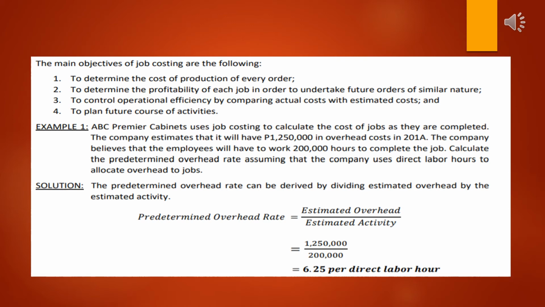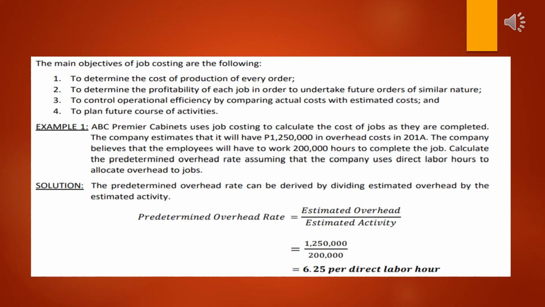So here, before we proceed to the solution, in job costing, it is also possible for us to make a predetermined overhead rate. So our overhead rate will be based on a certain level of activity. For this example, we are basing our predetermined overhead rate on the direct labor hours.